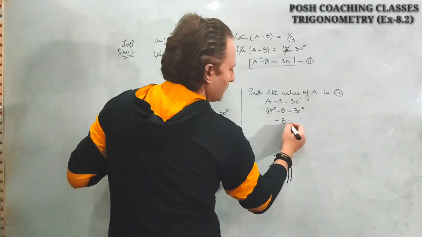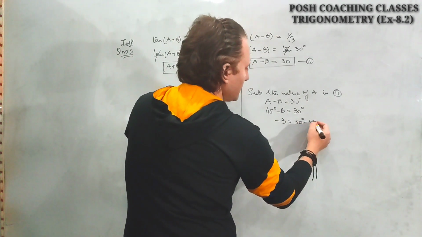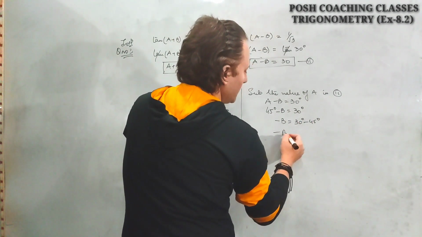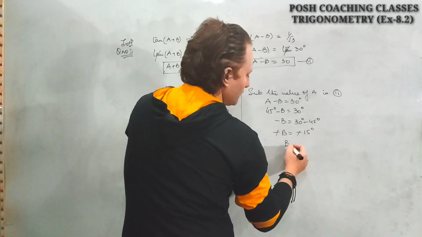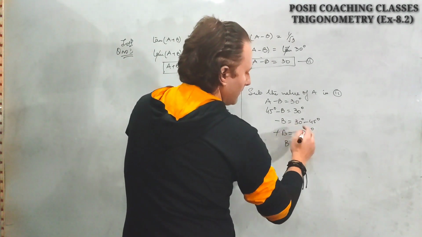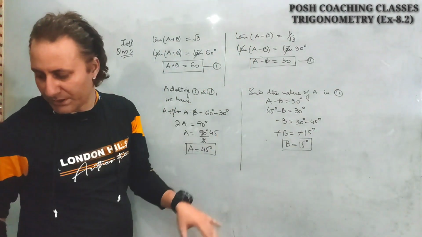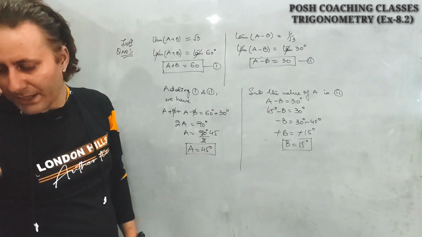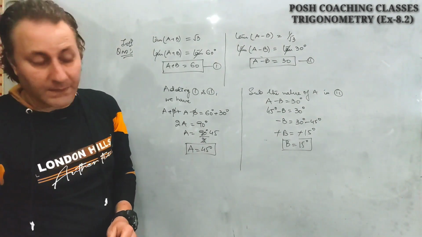Minus b equals 30 minus 45, which is minus 15. Minus and minus gone, so we have the value of b also, that is 15 degrees. Let me check the answer. So we have a as 45 and b as 15.